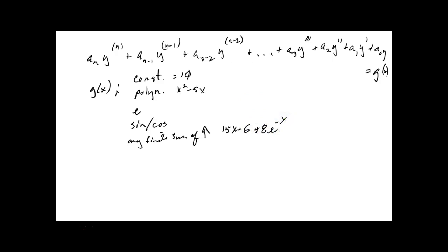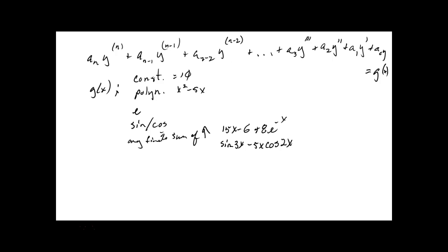That would be a combination of an exponential function and a polynomial function. Or sine of 3x minus 5x cosine 2x. That has a sine function and then a cosine.